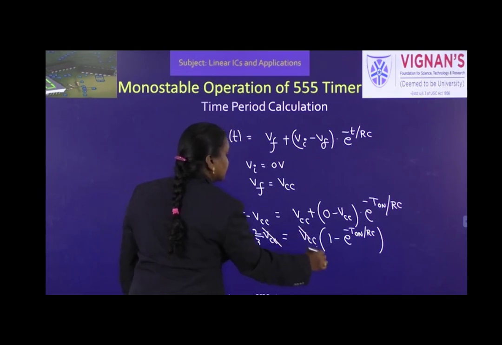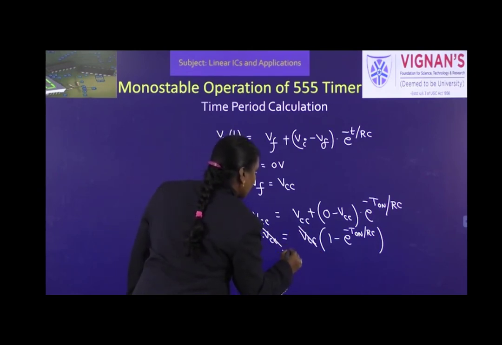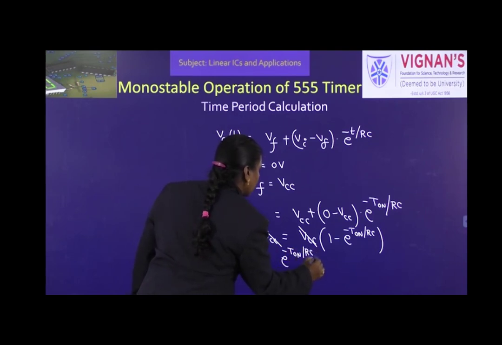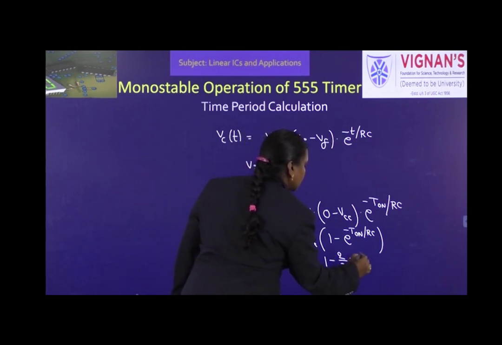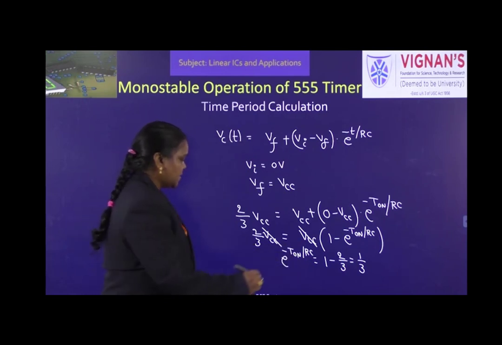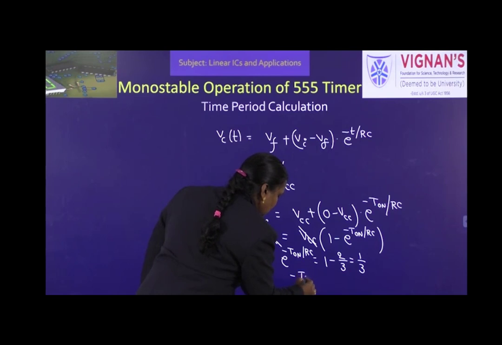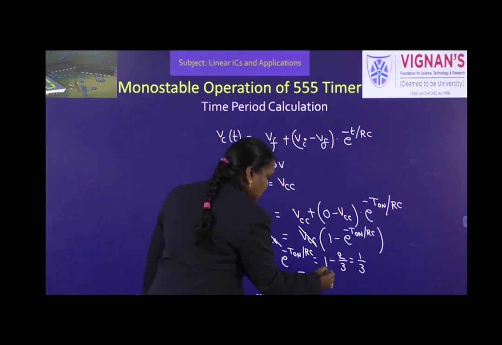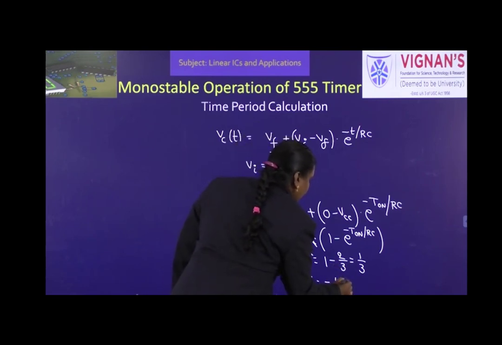This VCC and this VCC get cancelled, and e power minus T on by RC is equal to 1 minus 2 by 3. It is 1 by 3. Now take natural logarithm on both sides. Then it is minus T on by RC, and this is minus 1.09.